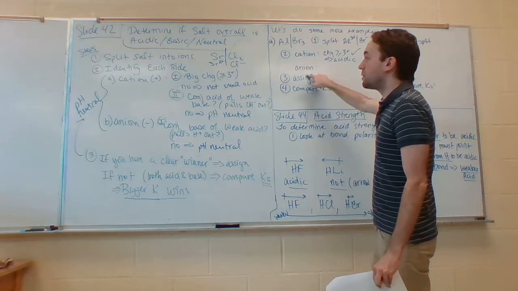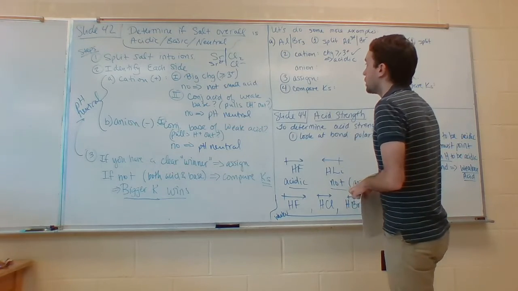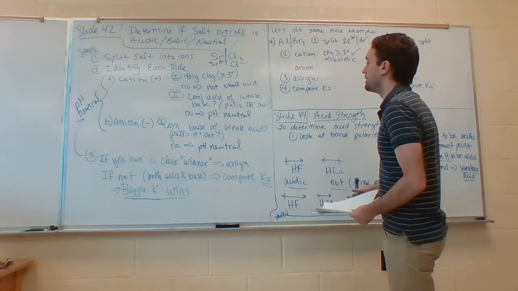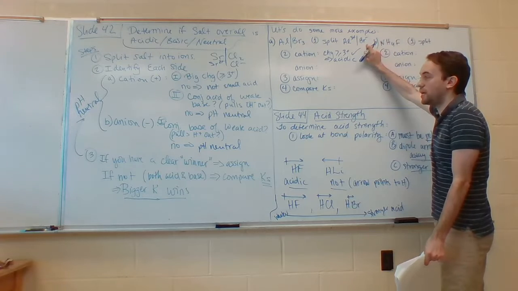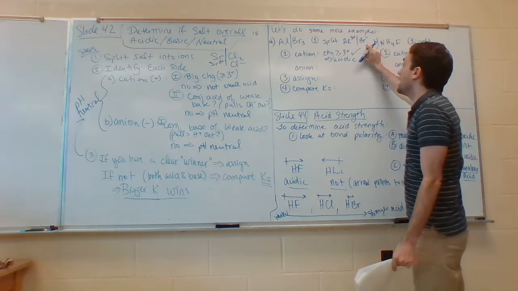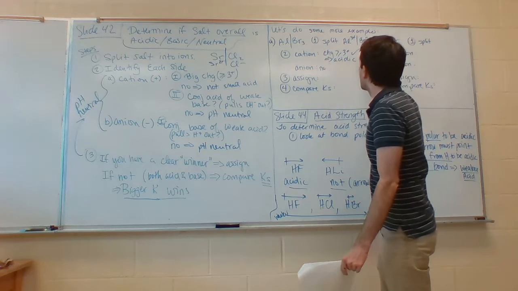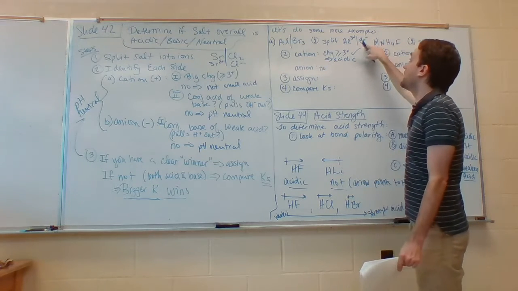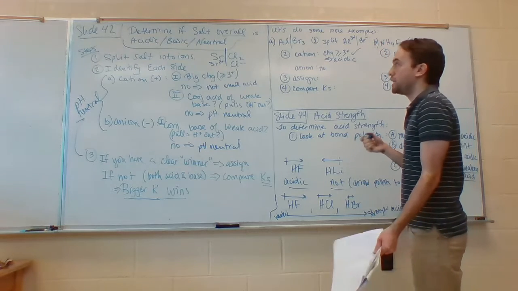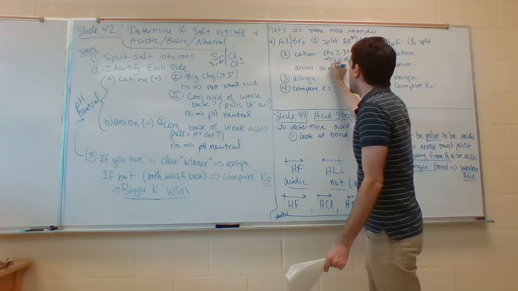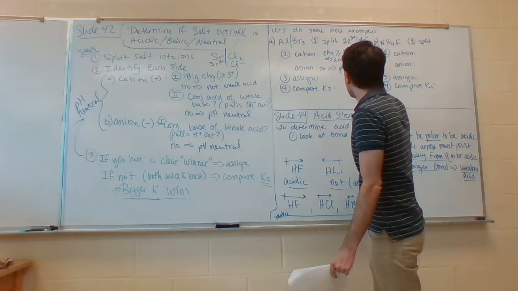Then we're going to move on to our anion, all right? So we're going to look at the conjugate base. So we're going to say our anion. Is it the conjugate base of a weak acid? Okay, and the answer is no, because if I were to add H+ to this, it would become HBr, which is a strong acid, which means that this is going to be pH neutral.